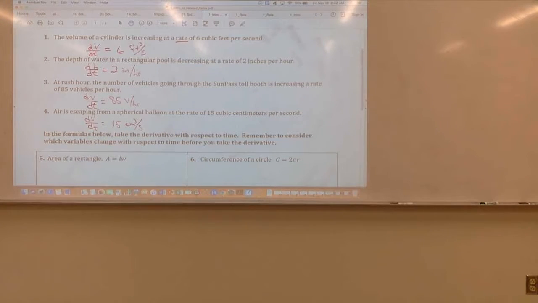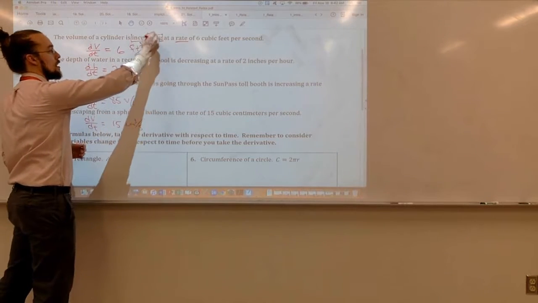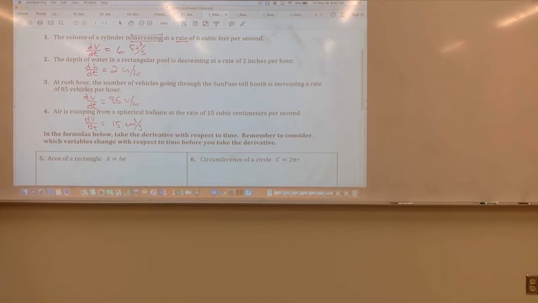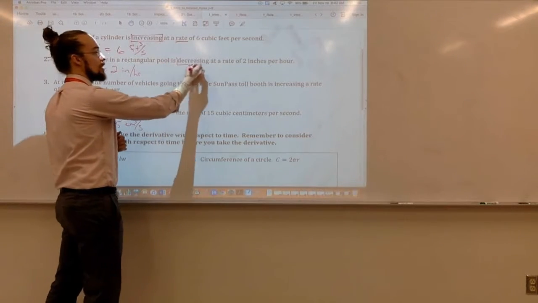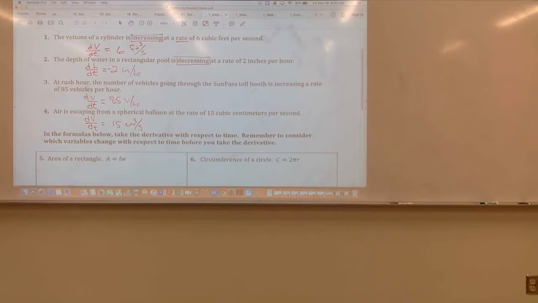All right, now with these, there's one extra thing that I want to go back and look at. If our rate is increasing, it's going to be positive. If our rate is decreasing, we should make our rate of change negative.